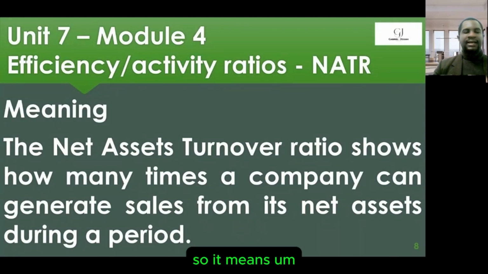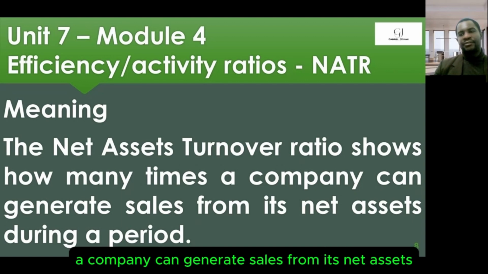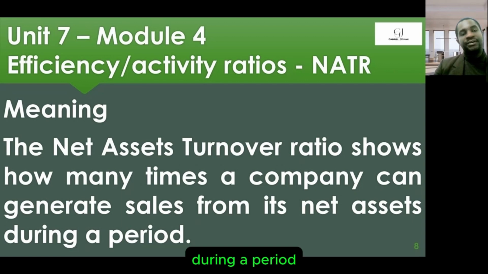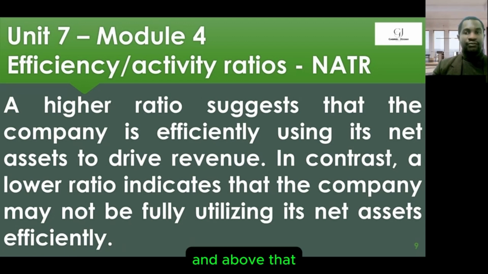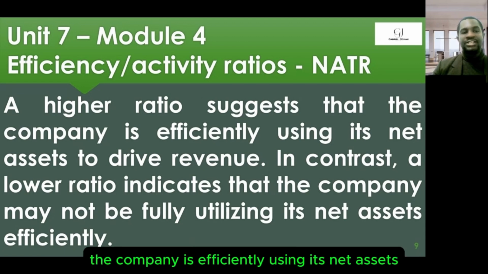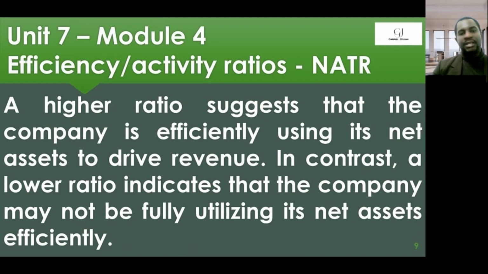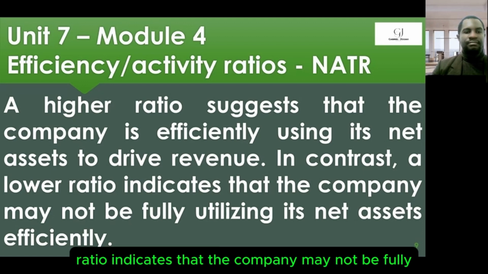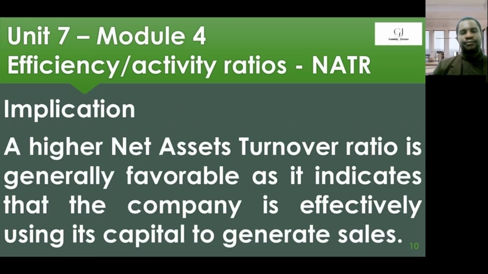So it means the net asset turnover ratio shows how many times a company can generate sales from its net assets during a period. A higher ratio suggests, like we've seen just now, of twice and above, that the company is efficiently using its net assets to drive revenue. In contrast, a lower ratio indicates that the company may not be fully utilizing its net assets efficiently.